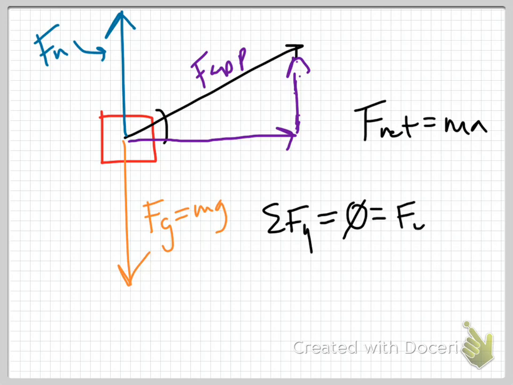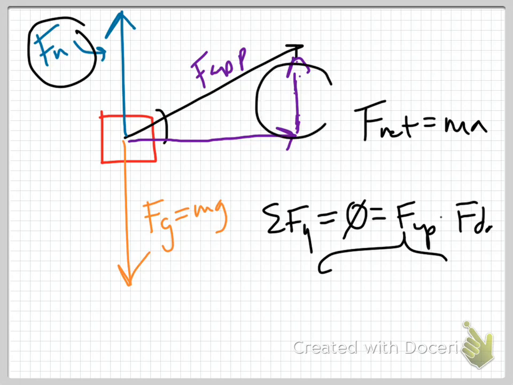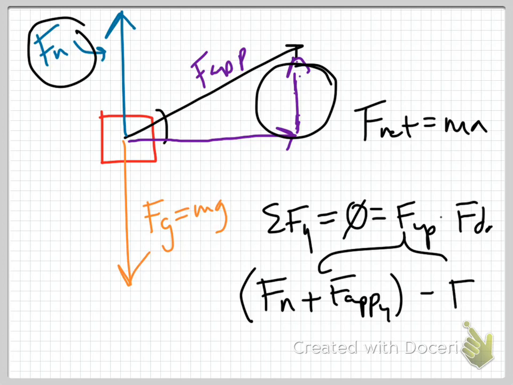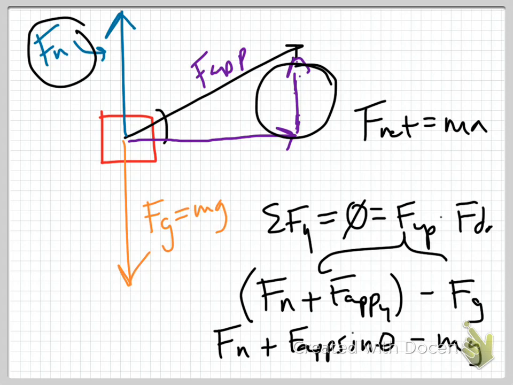Well, that's all the forces up minus all the forces down. What forces up do you have? Normal force and applied force on the y. So you have F normal plus force applied y minus force of gravity. So normal force plus F applied sine theta minus mg.